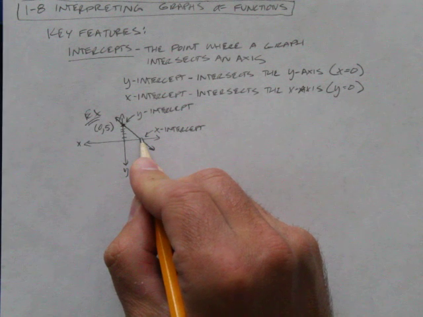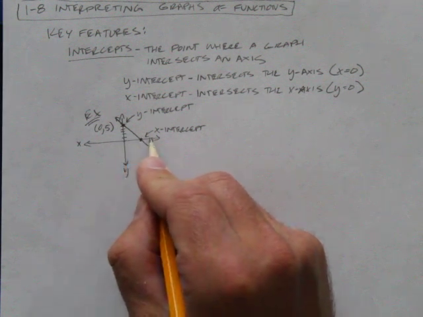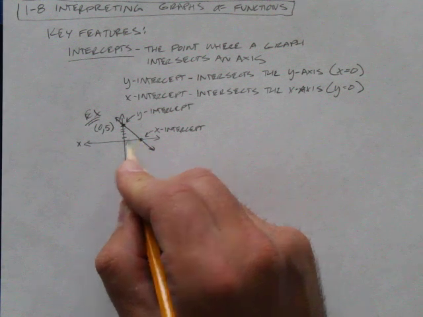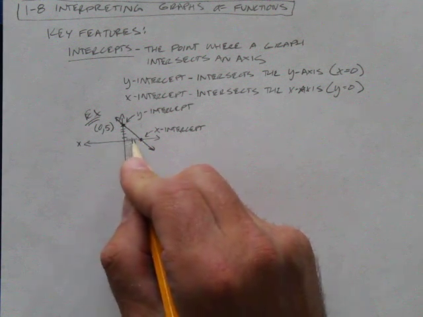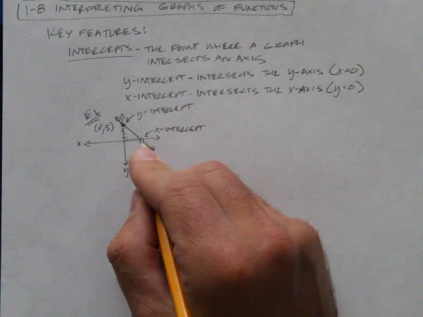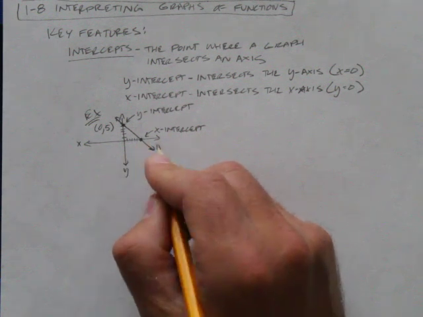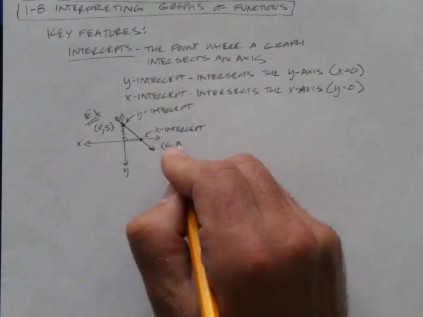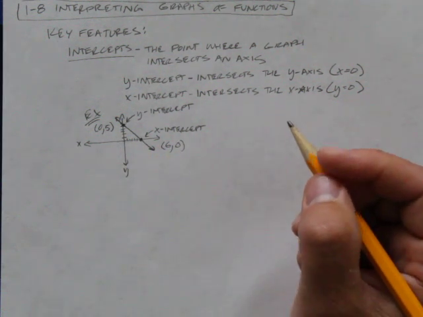Now this x-intercept, what is my y value going to be right here? Let's say this is 6: 1, 2, 3, 4, 5, 6. My x value is 6, my y value is 0. It doesn't go up and down at all.